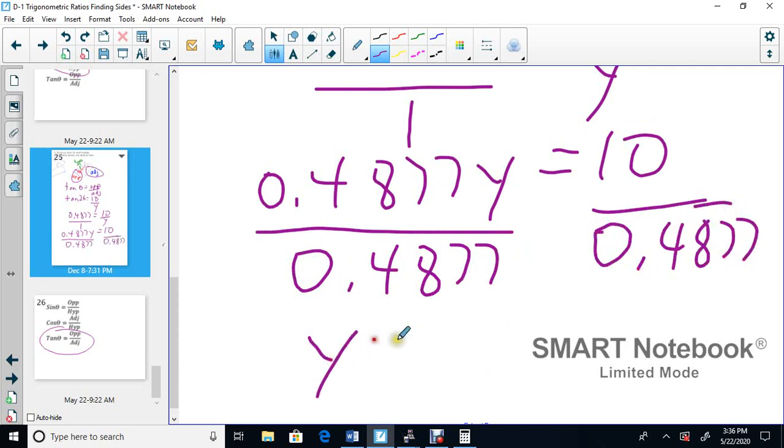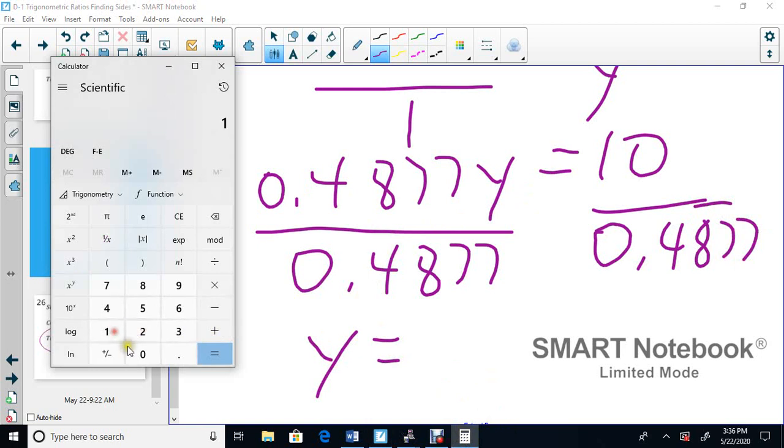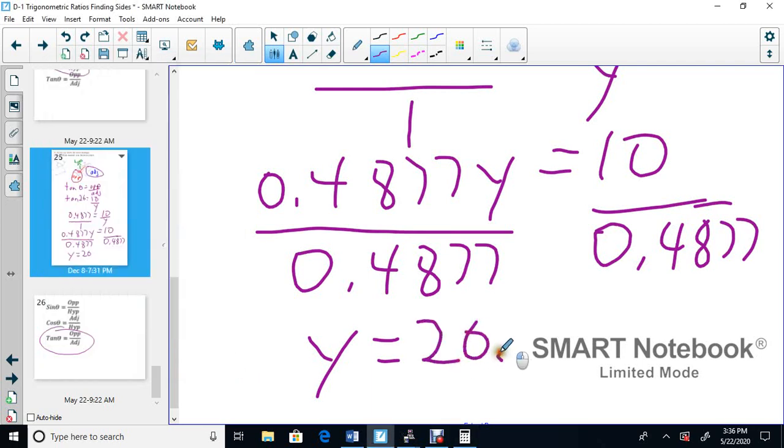So y equals 10 divided by 0.4877. Let's go to the calculator. 10 divided by 0.4877 is 20.5.